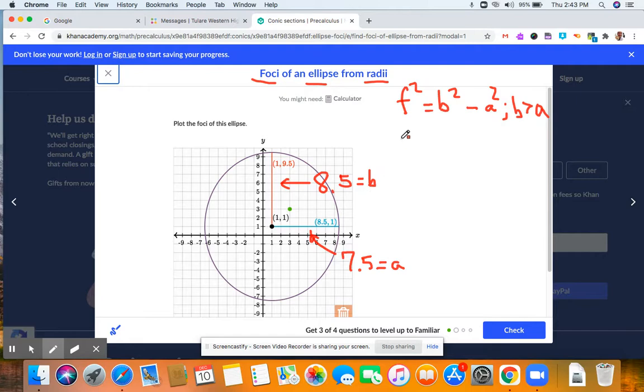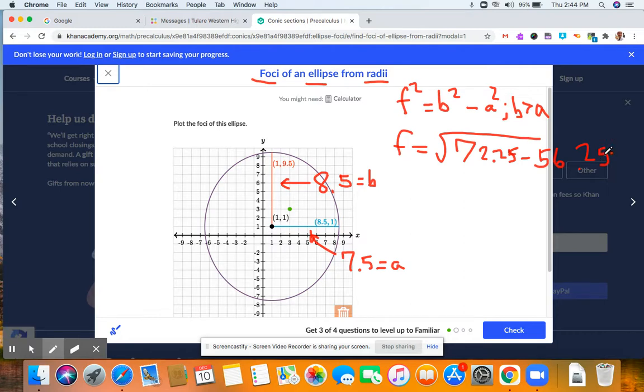Okay, plug everything in. F is equal to the square root. And I like using my calculator since I have it right in front of me. B is 8.5. 8.5 quantity squared, 72.25, minus 7.5 squared. 7.5 squared is 56.25.